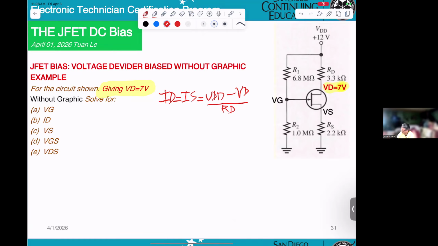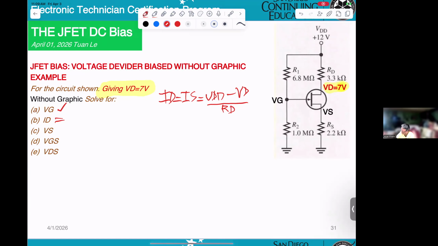They already gave you 7 volt. So first thing, they want VG from the voltage divider, and they want ID.